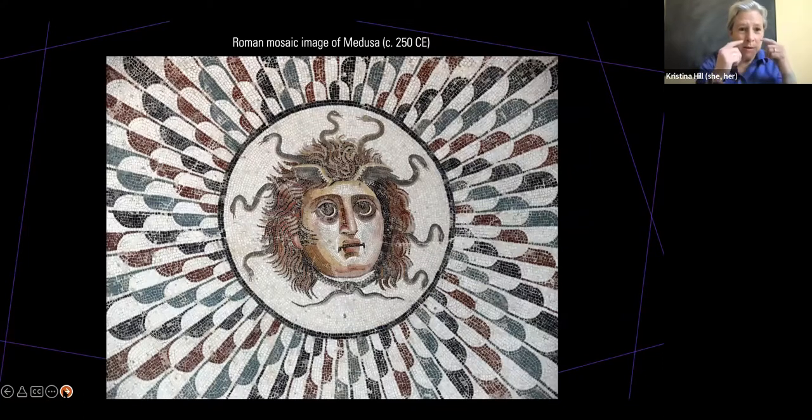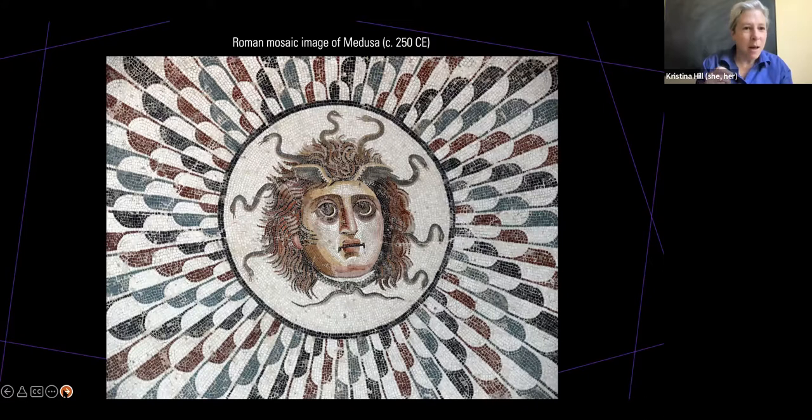This one has dark circles under her eyes and looks a little more intense and a little more freaky. By only 250 of the Christian or current era, 250 years, what some people would call AD. And she's made much more scary in contemporary representations, but Medusa got a raw deal.